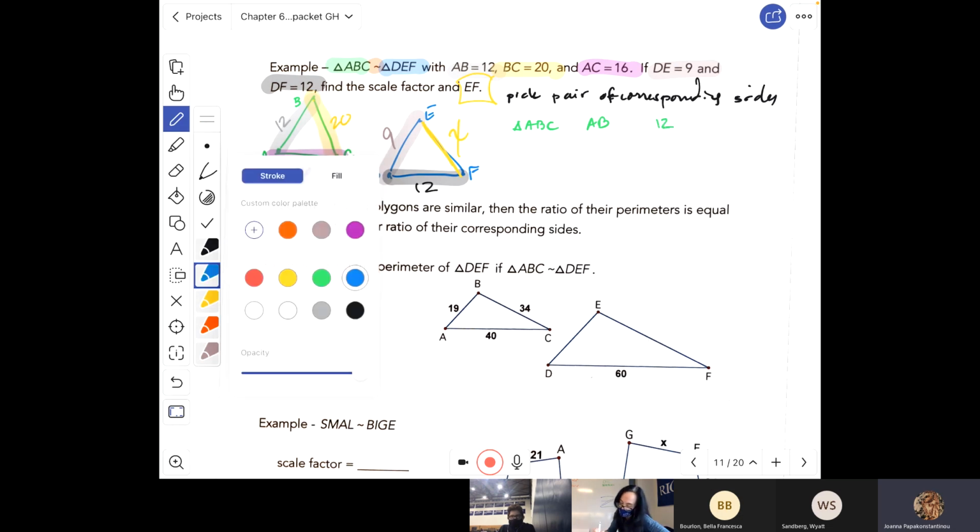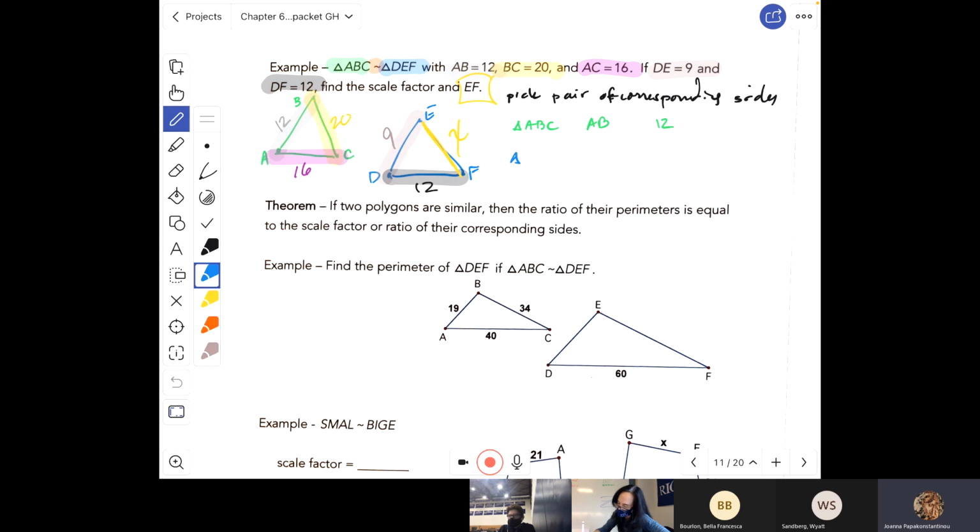In DEF, so notice I'm going from this triangle to this triangle, but I could go the other way. In DEF, what is the corresponding side to AB? DE. And the length of that is what? 9.